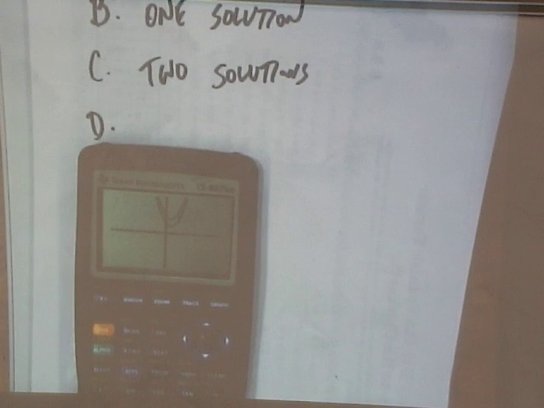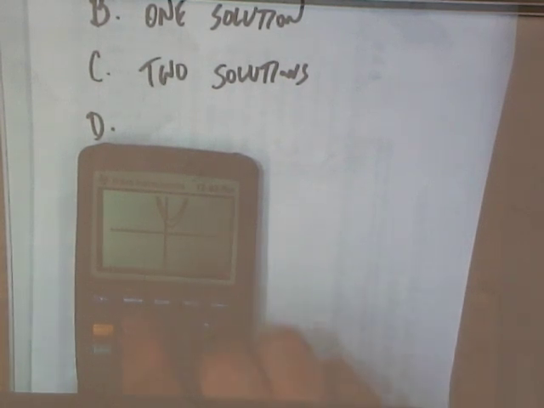What do we need to do? Change the window. What do I need to see more of? Y max, right? So go to window, change it to 30 ought to do it.